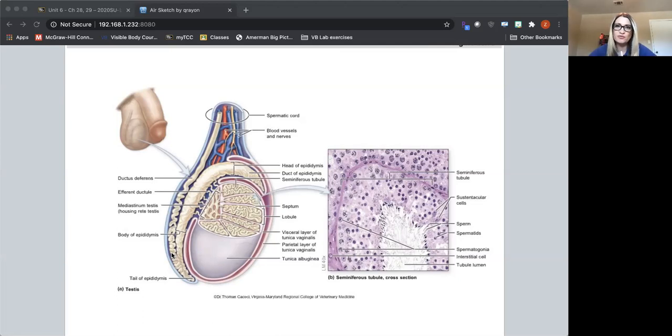About the movement of the sperm: they do not actually swim in the tubules. The way that sperm are moved through the tubules inside of the male's body is by peristaltic contractions within these tubules. There are different ways that we are moving sperm through the tubules, but mostly it's going to be those peristaltic contractions. The sperm will not swim inside of the male's body.